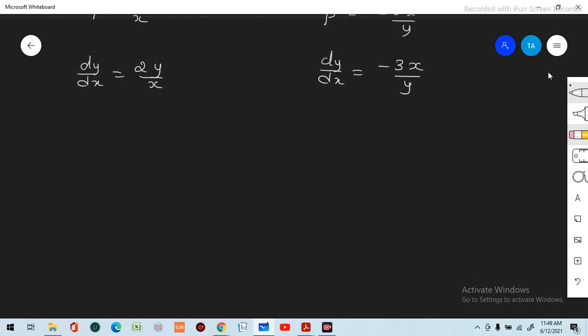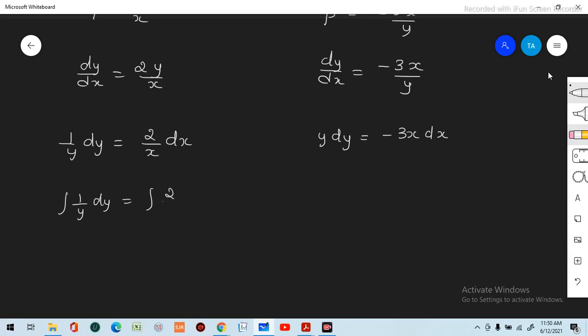How can we separate this? 1 by y dy is equal to 2 by x dx. Good. How about the other one? y dy is equal to minus 3x dx. Good.